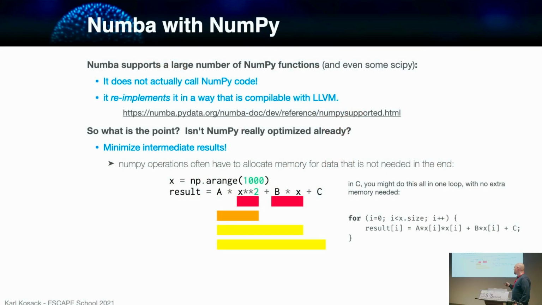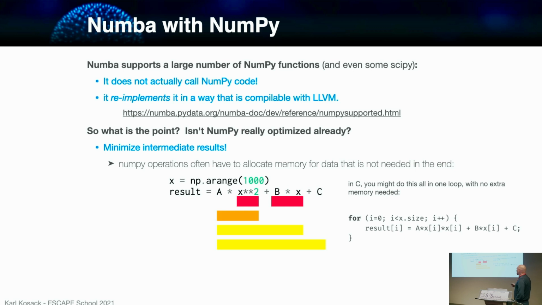So imagine I have this code here, numpy.arange 1000, and then I have this statement that takes a times x squared plus bx plus c, so just a polynomial. If you were to execute this, it looks very easy to read, and it's quite fast if these objects are quite large. But you're missing some details here. When the Python interpreter executes the statement, it breaks it down into substatements first, then executes each one of those.